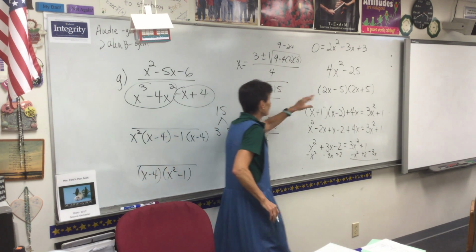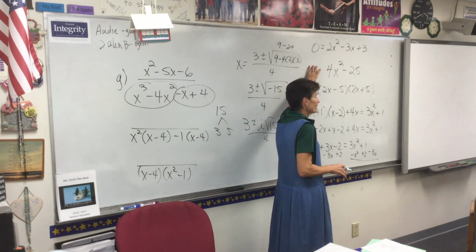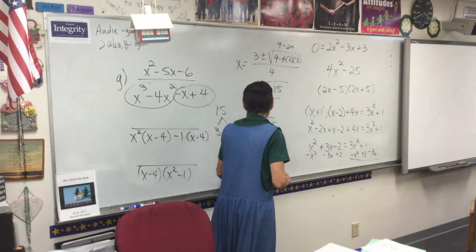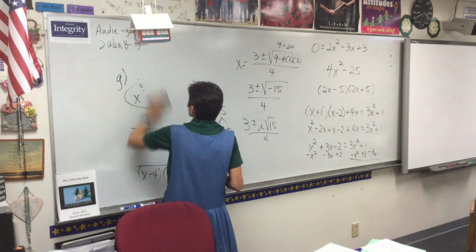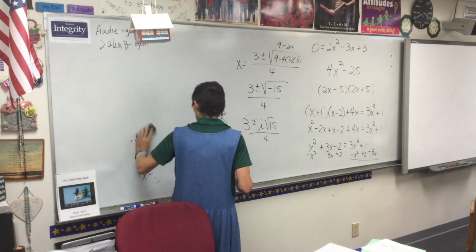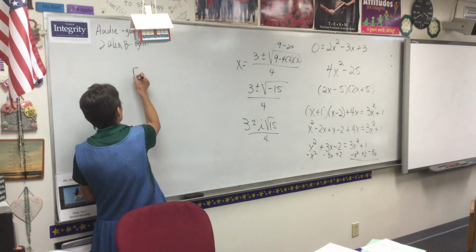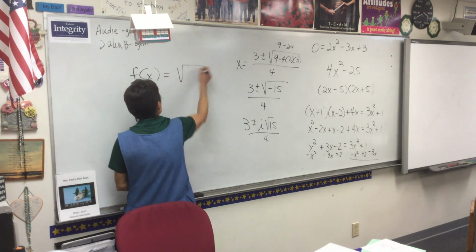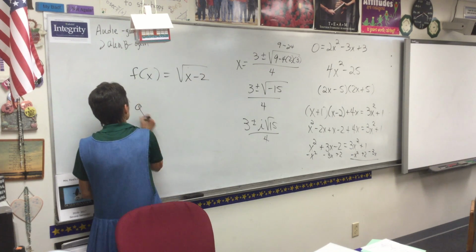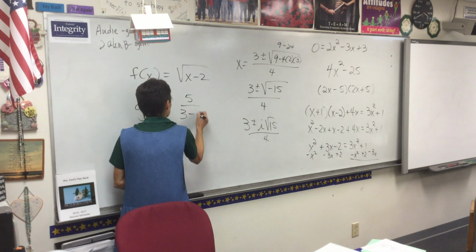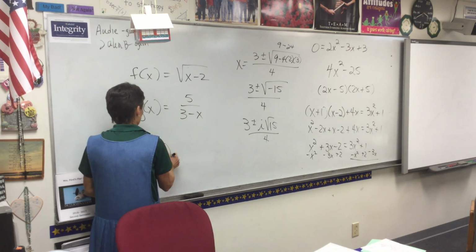So one problem, some kind of factoring, one problem, some kind of weird solve, and the last problem is find the domain. So you have to remember what we've talked about today. Let's say we have this problem, or this problem, or this problem.